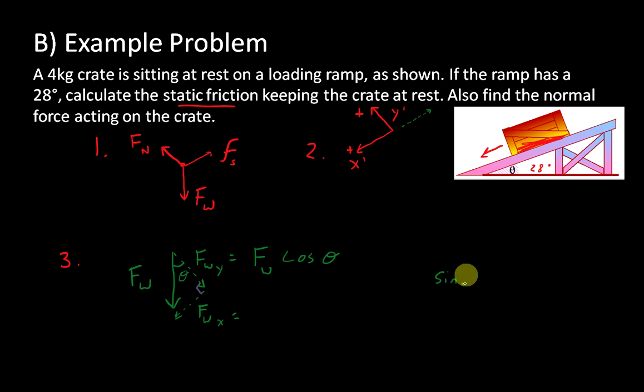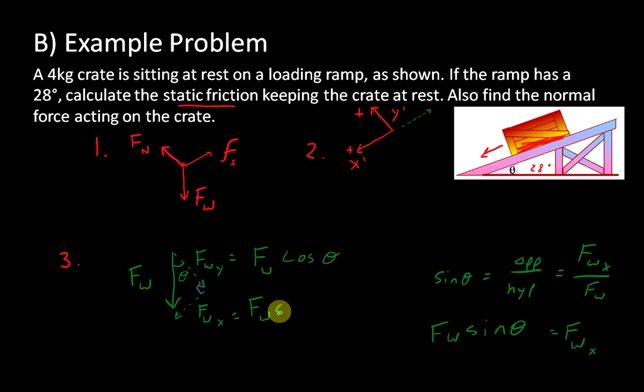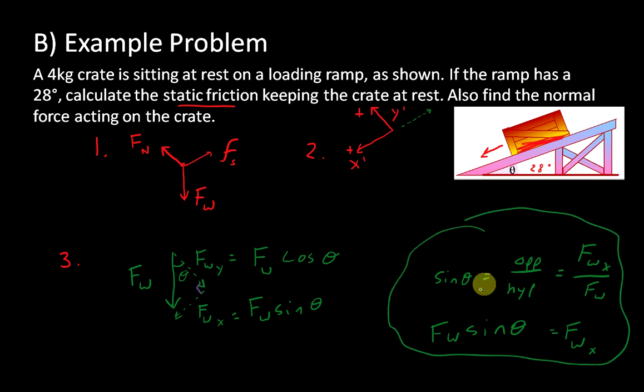The sine, if I wanted to write it out, is opposite over hypotenuse, equal to FWX, because that is opposite, divided by the hypotenuse, which is FW. That's my quick proof that FWX is equal to FW sine of theta. That's exactly what I would write right here: FW sine of theta. This is just my scratch work to figure that out. Write it down by all means if you need to.